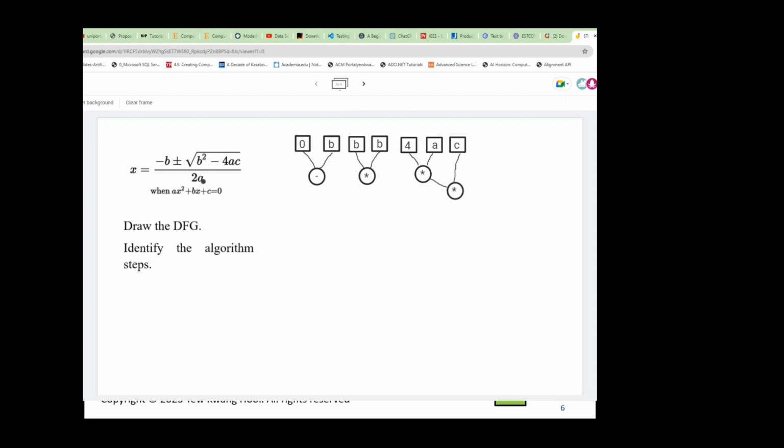So I'm done with the negative B, square, minus 4AC. Okay, I'm left with 2A. So I'm going to add 2A as the last input. Duplicate for 2.